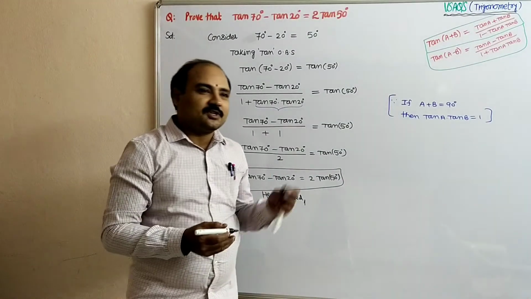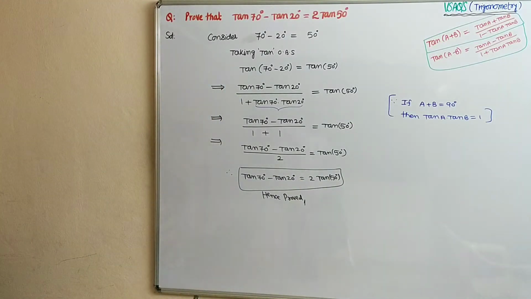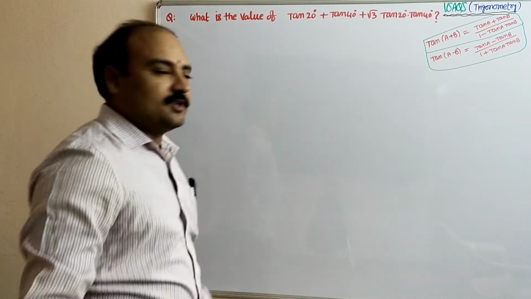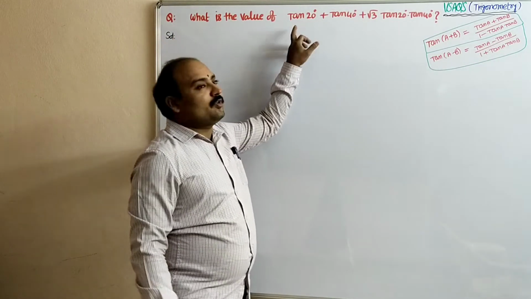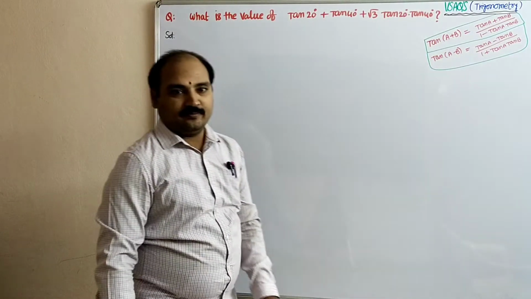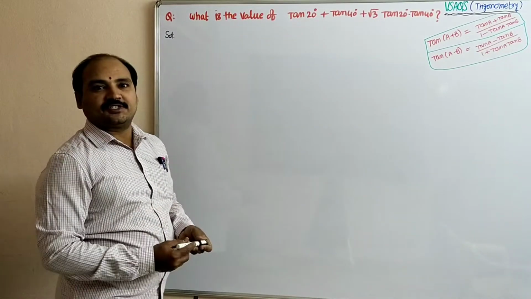We'll move to the next question like these questions. The next question: what is the value of tan 20 plus tan 40 plus root 3 into tan 20 into tan 40? So here 20 plus 40, we know that is 60.